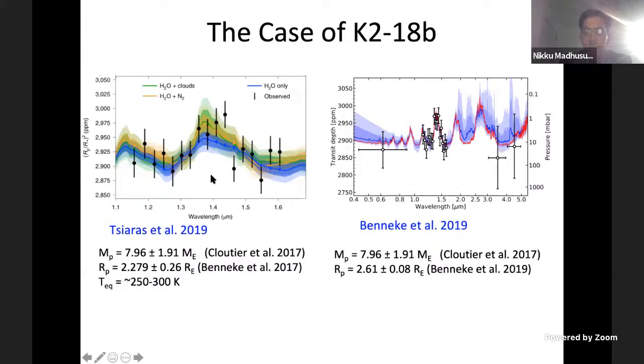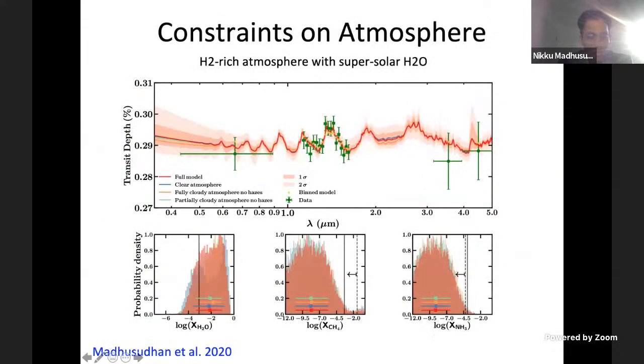So even with HST, although it took 9 HST visits, you can see that water vapor was detected in this atmosphere in these 2 studies a couple of years ago. And we went ahead and also did an atmospheric retrieval, as did the other studies. And indeed, we confirmed that you can detect water very confidently in this atmosphere, but you have only upper limits on the other compounds like methane and ammonia.